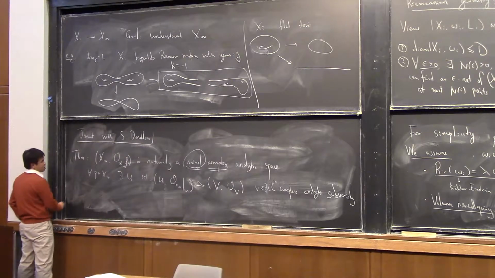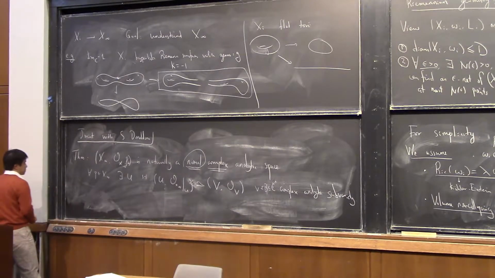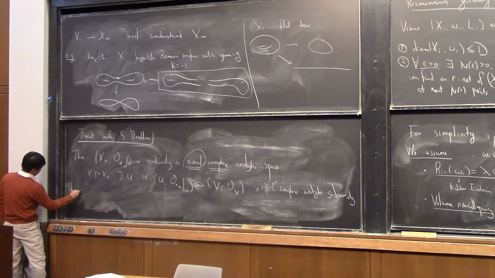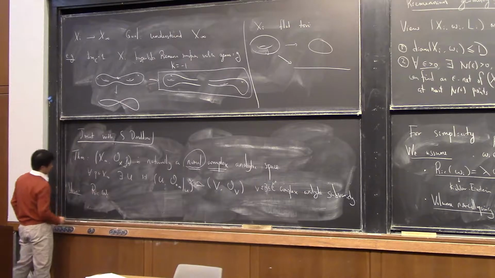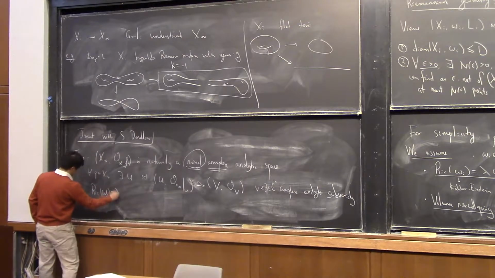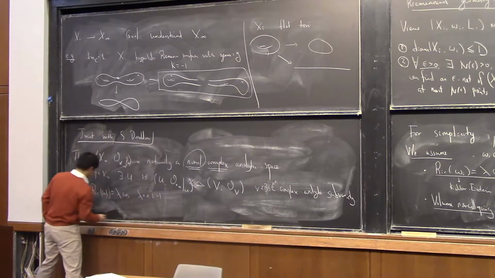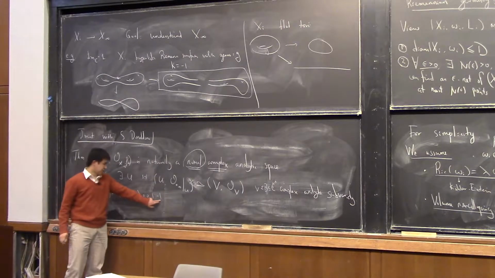Now let's consider more restrictively the case where Ricci of omega I is lambda omega I, when lambda is only 0, 1, minus 1. So omega I will be either canonical or anti-canonical.